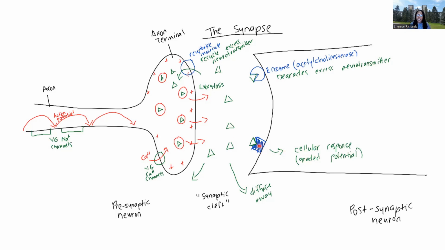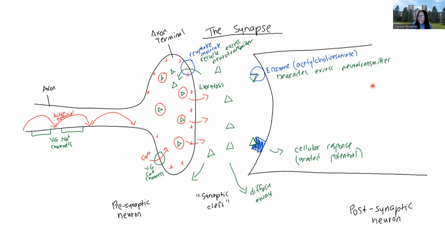Now, if the signal has been sent and we need to cease the transmission here, we have to clear the junction of any excess neurotransmitter. And so we talk about three options for clearing the junction. The first option is that we degrade any excess neurotransmitter with the enzyme on the membrane.